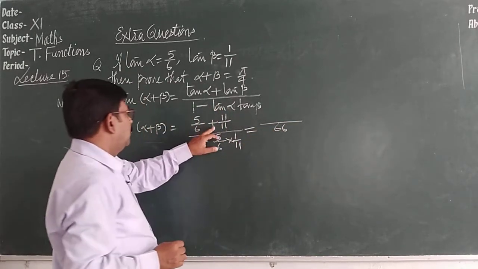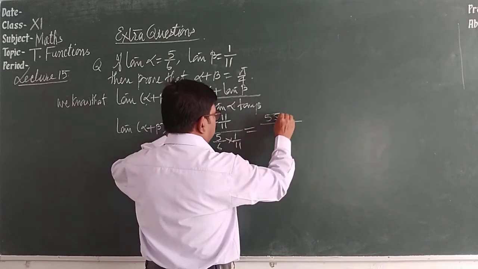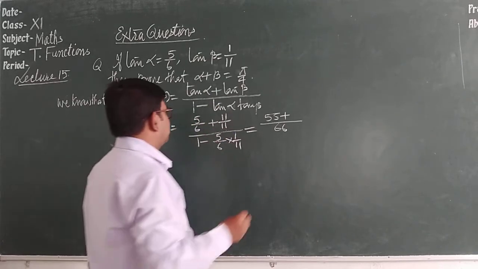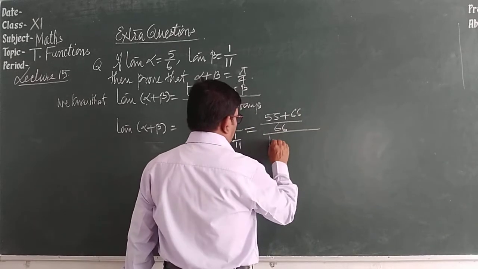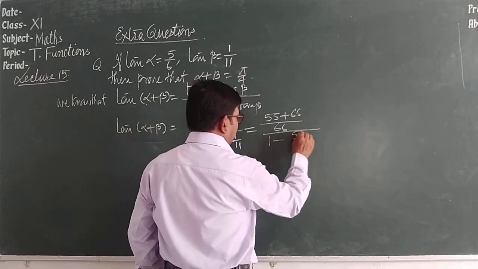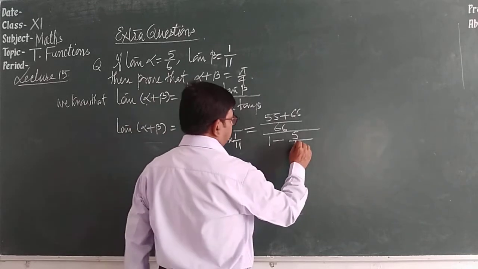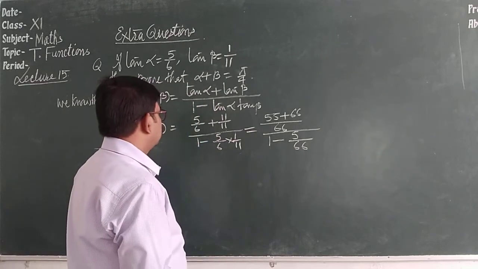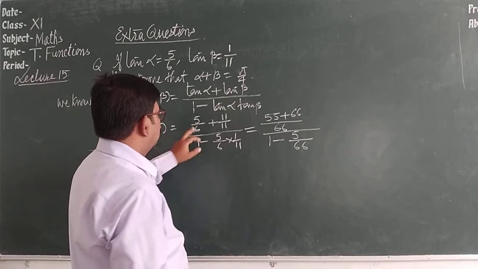Here we have 11 5s are 55 plus 11 6s are 66 upon 1 minus 5 upon 66.